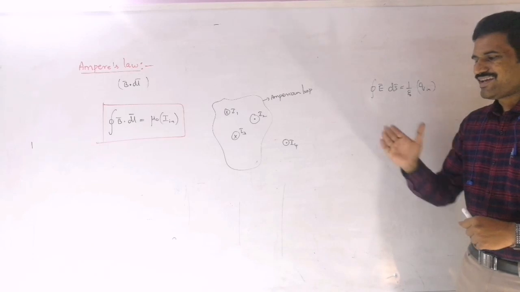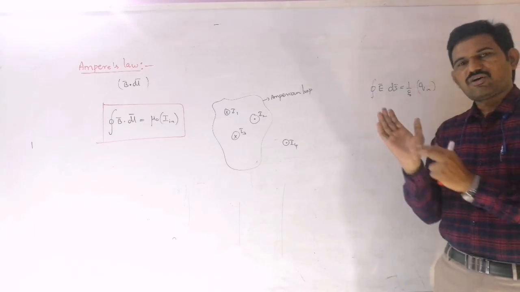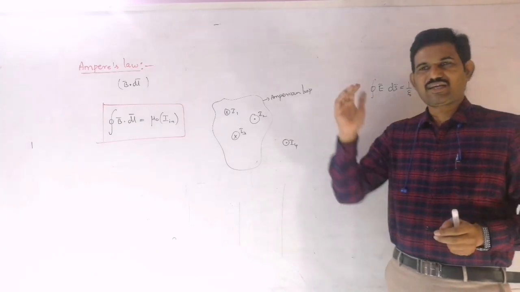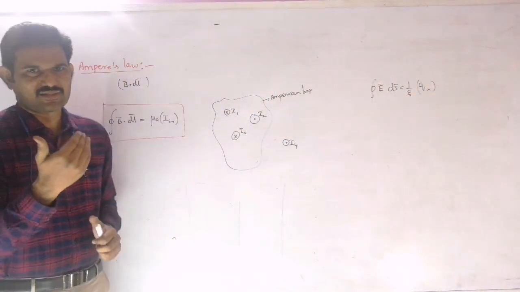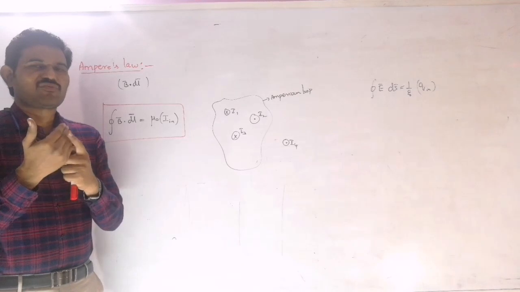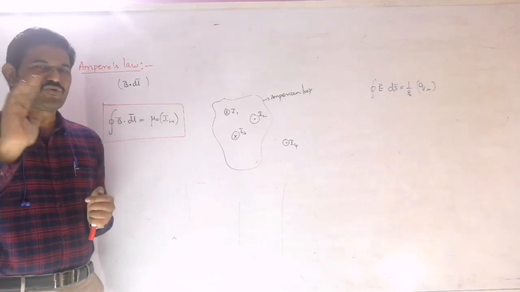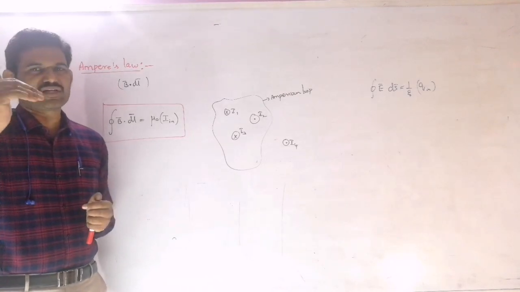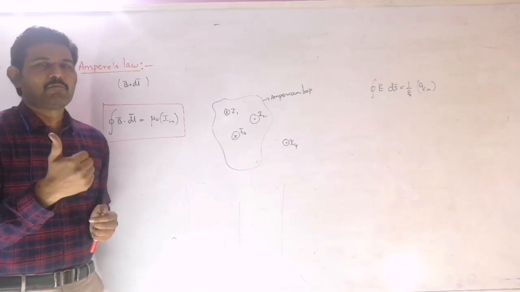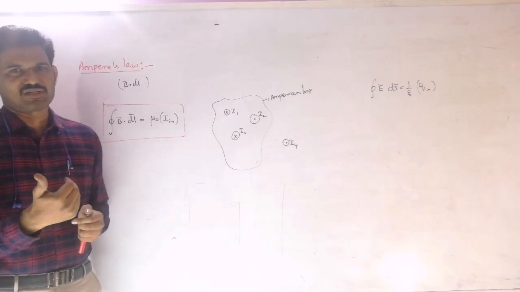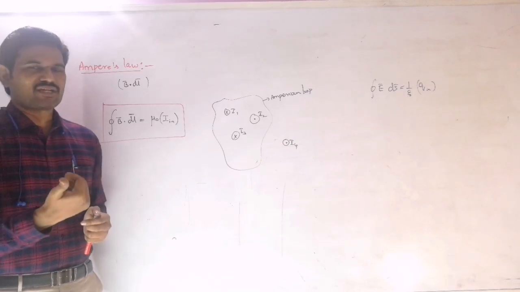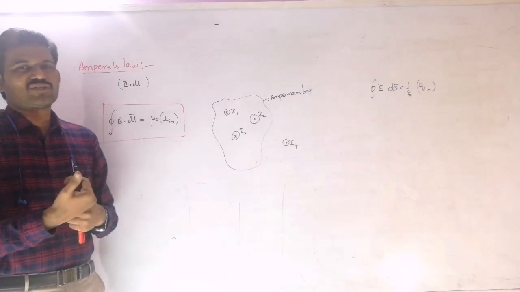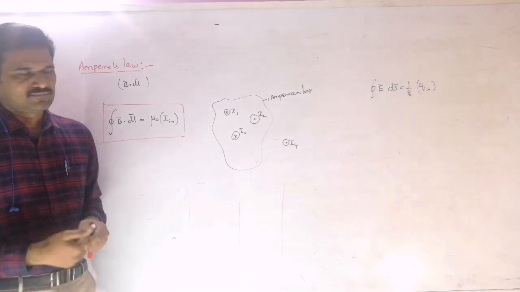Simply, listen to this carefully: if the direction of integration is indicated by the curl of the four fingers of the right hand, then the thumb indicates the direction of the positive current. That means the current in the direction of the thumb we take as positive, and the one opposite to that we take as negative.